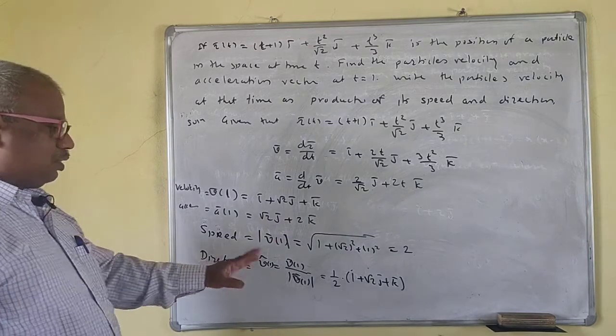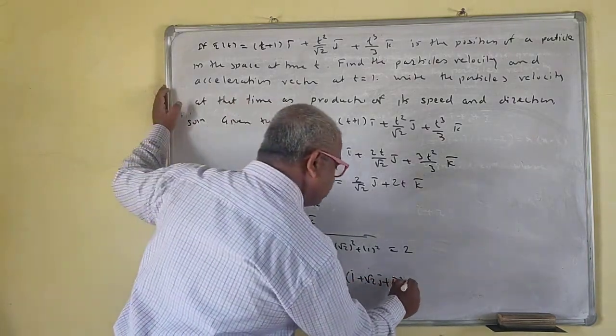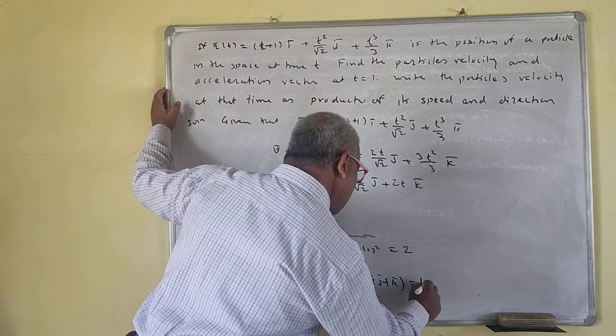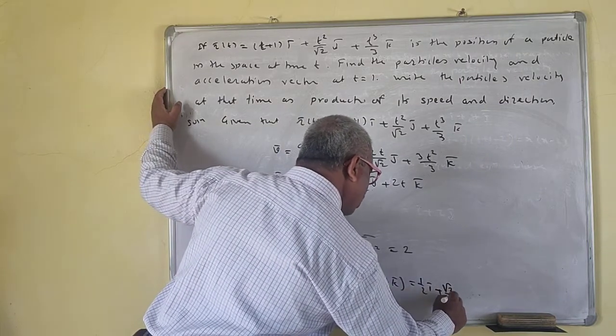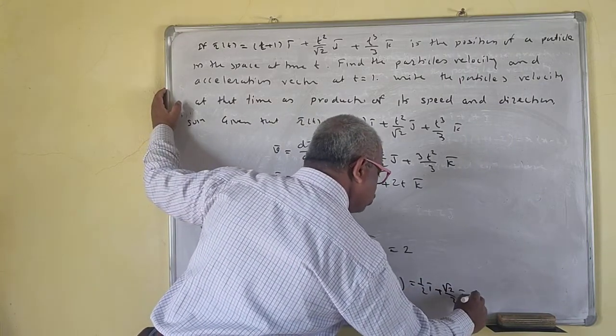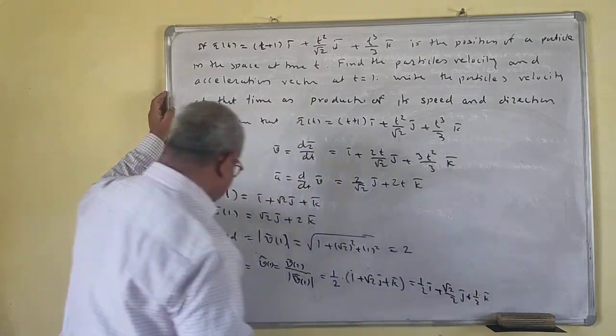So I will write this as 1/2 i bar plus root 2 upon 2 j bar plus 1/2 k bar. This is your direction.